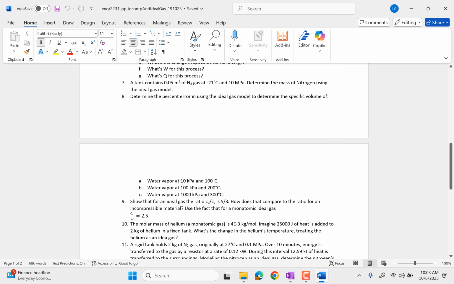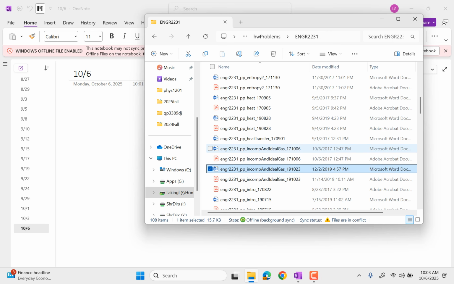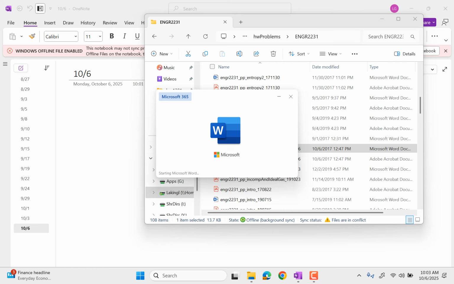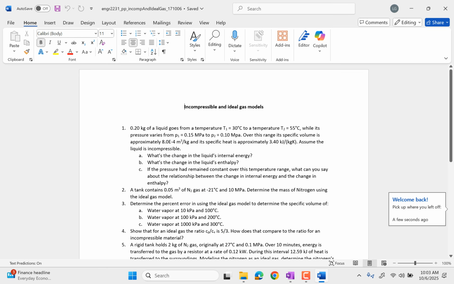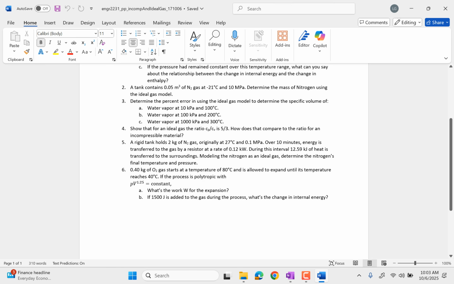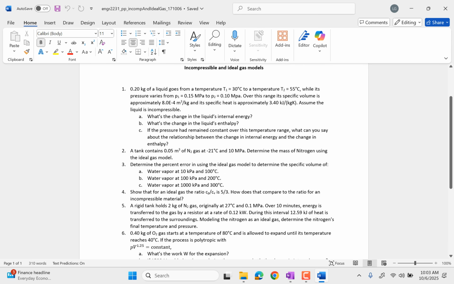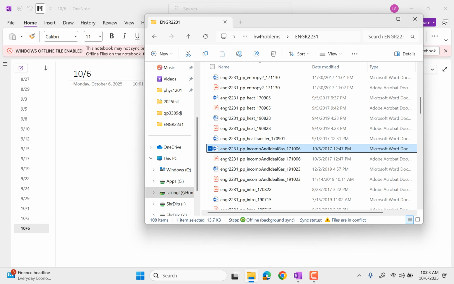This one, determine the percent error. No. There, 8 was the last one. Yeah. You wanna? Hmm? I need to copy it, so I need to find it anyways. Okay, so it's neither of those.